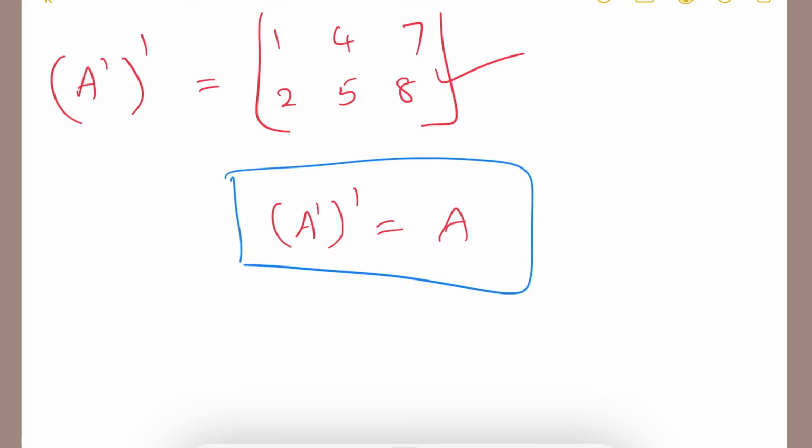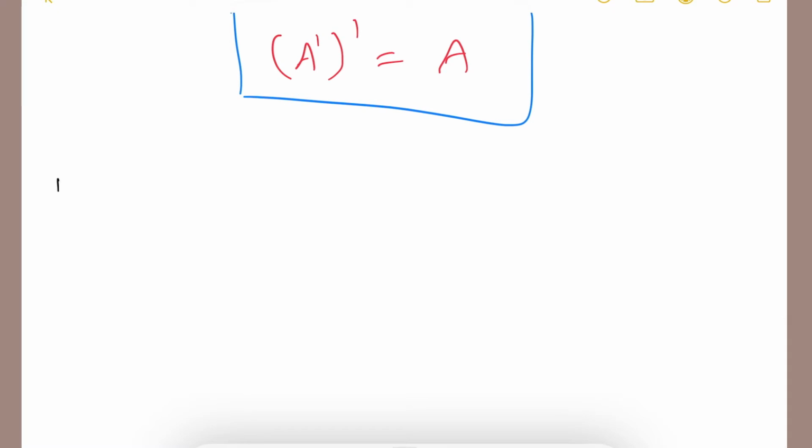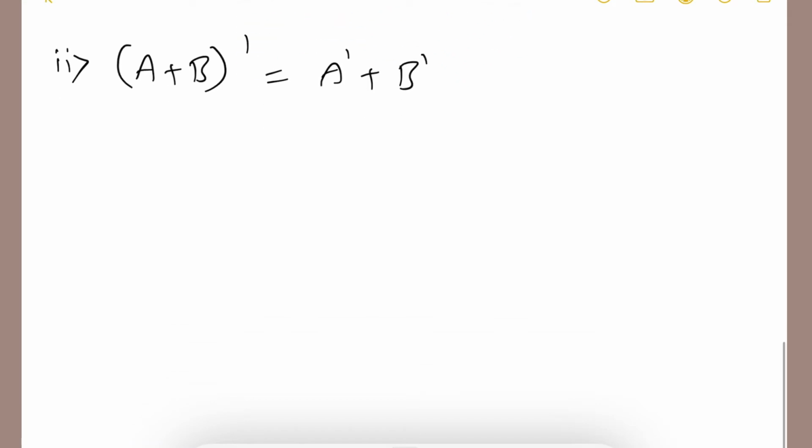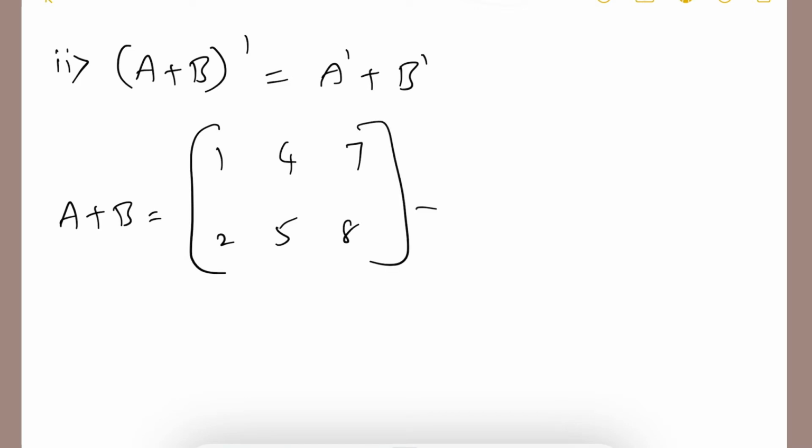Okay, next, the second question. (A plus B) whole transpose is equal to A transpose plus B transpose. First, we will do A plus B. A plus B is equal to matrix A, given as [1 4 7; 2 5 8], plus matrix B, given as [-3 4 0; 4 -2 -1].